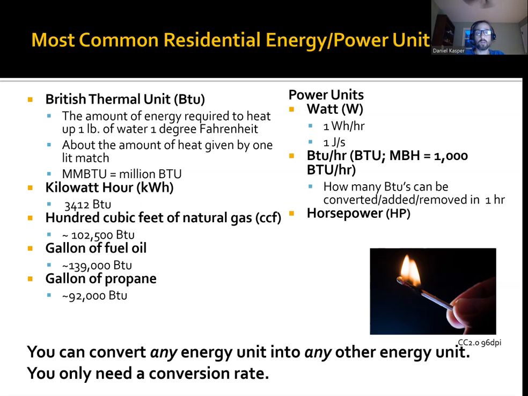It's got to be less than 100% efficient. Horsepower, on the other hand, is something we won't really use that much, but it's equal to 746 watts. This is an electrical power rating, at least that's how we use it. As I'm sure you know, car engines are rated in horsepower, so that's different, but it's still equivalent to 746 watts.